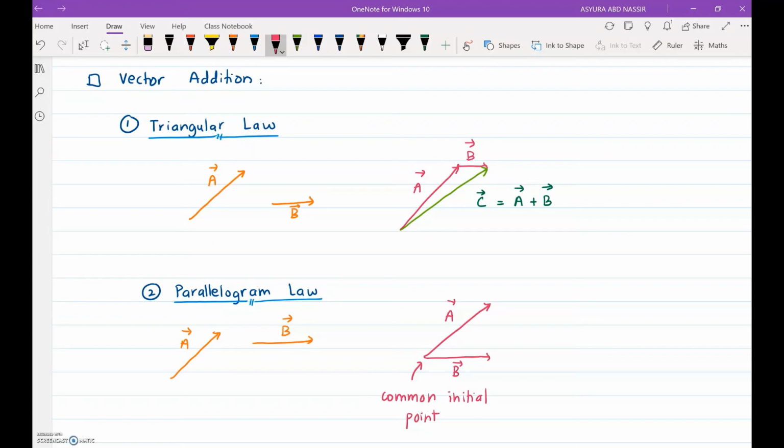So where is your C? The addition of vectors A and B will be the diagonal. It will be in here, so this will be your C. This is what we call the parallelogram law. So your C will be vector A plus vector B.